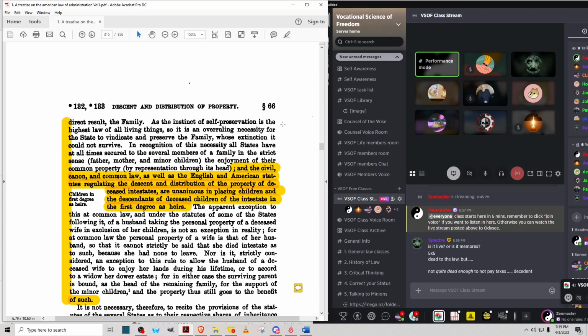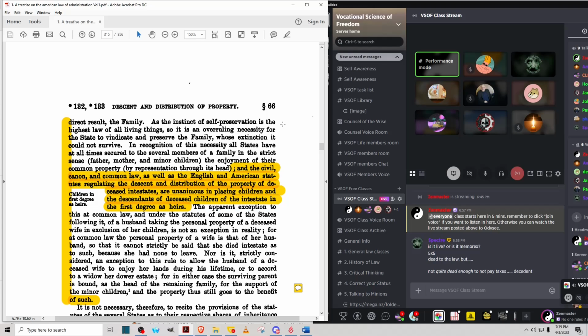But it goes to the point, whose extinction it could not survive. So the families and the houses come first, then the state is created afterwards, because obviously we vest power to them to go do certain enumerated tasks for us that we don't feel like doing on a daily basis. And then we are the creator, they are the created, and they exist by our will in the form of a constitution.